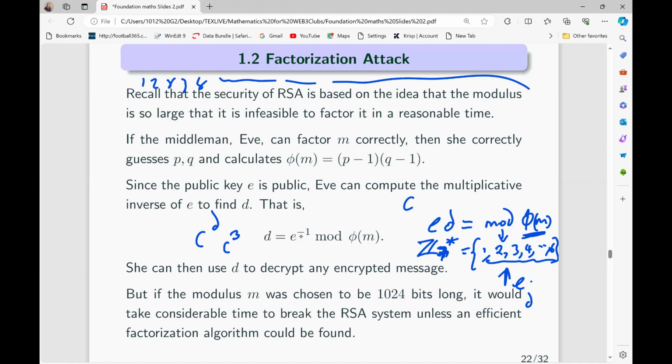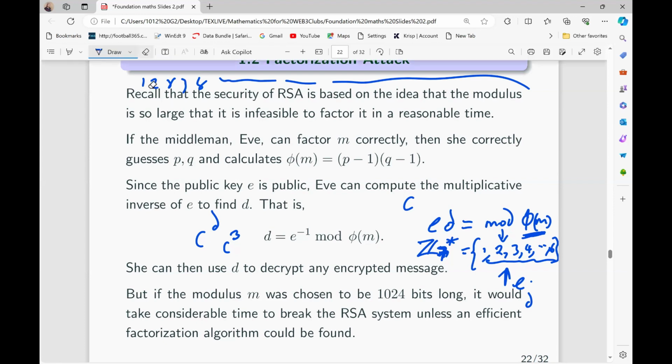So this person will not try 1, try 2, try 3, and so on. So the brute force method is impossible.